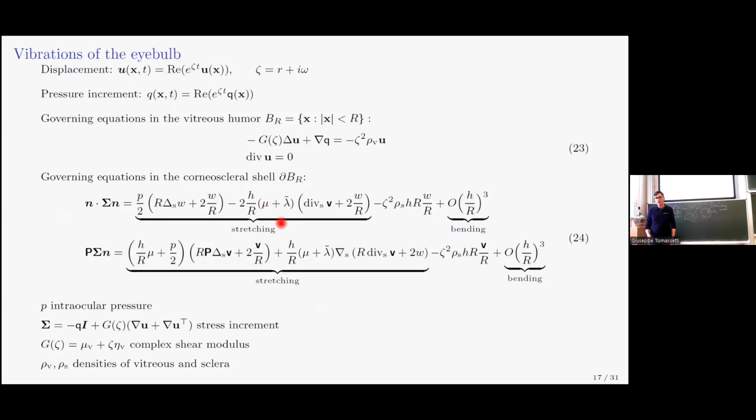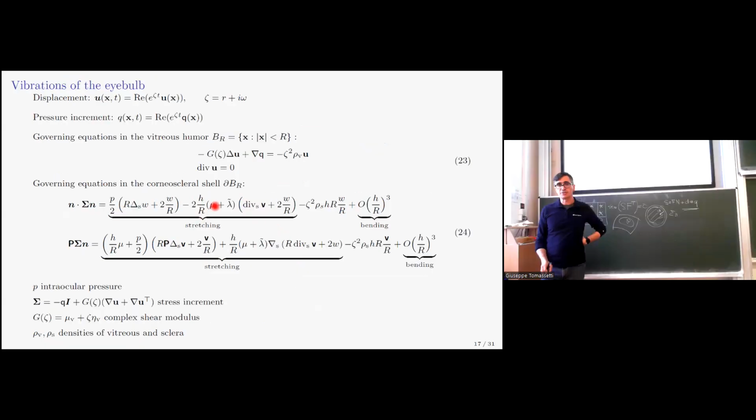Here mu and lambda are the Lamé moduli of the shell, a measure of stiffness. So the stiffness of the shell depends on the stiffness of the material and, of course, on the ratio between the thickness and the radius. And as you see here, the presence of an extra pressure is kind of equivalent to an extra stiffness. So it's a geometrical effect.